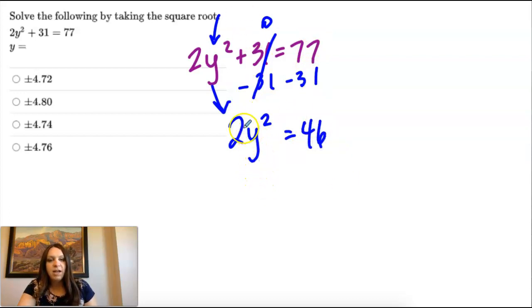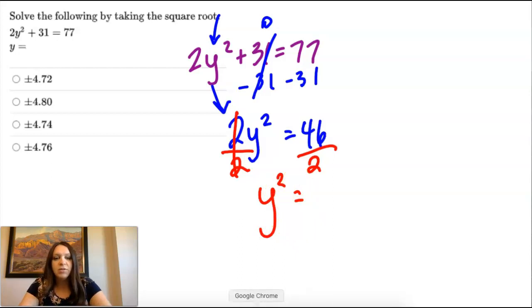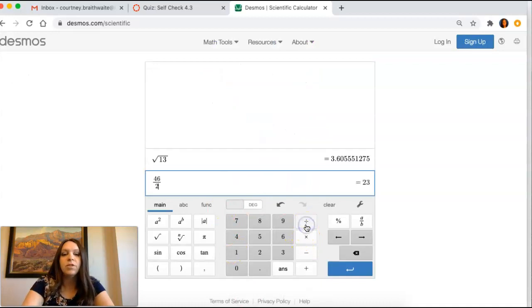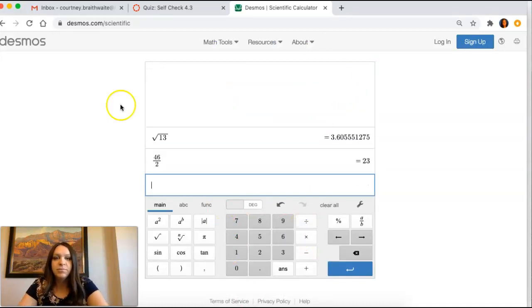And now it looks like our last one. I'm still trying to get y squared by itself, so I'm going to divide both sides by 2. So I have y squared equals 46 divided by 2, which is 23.